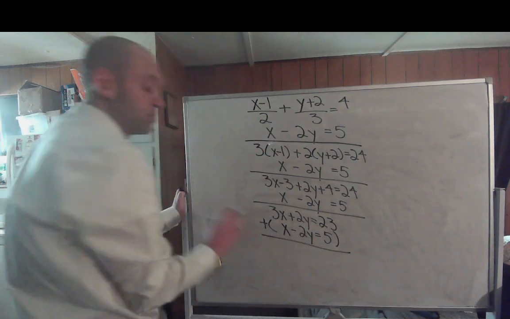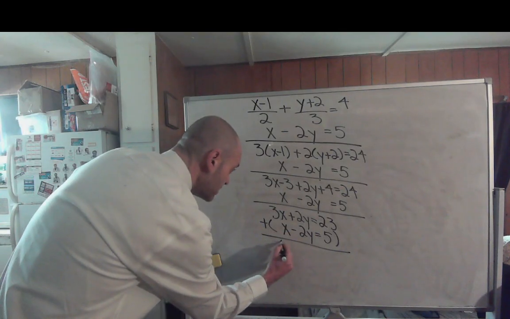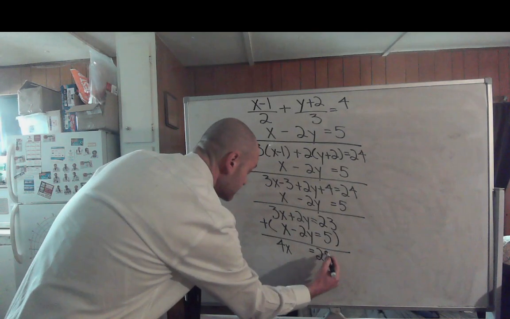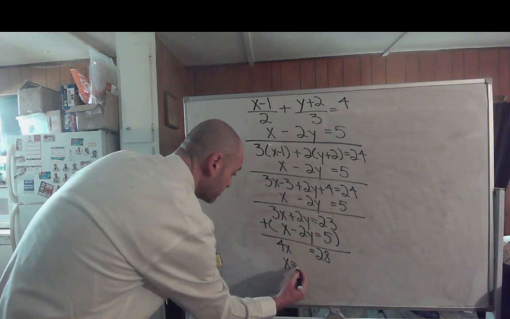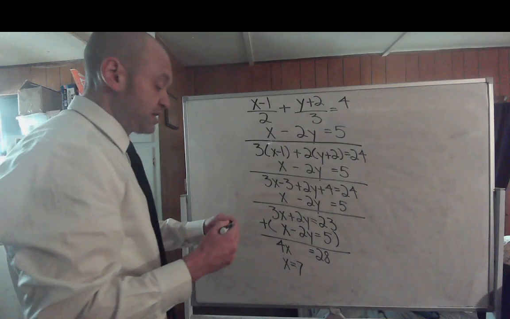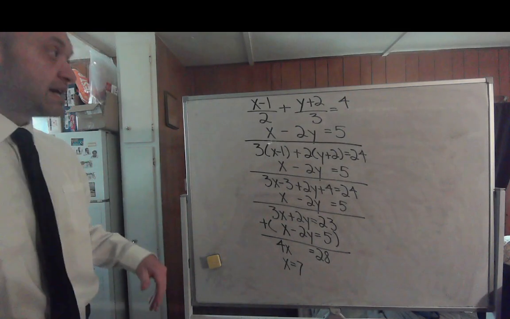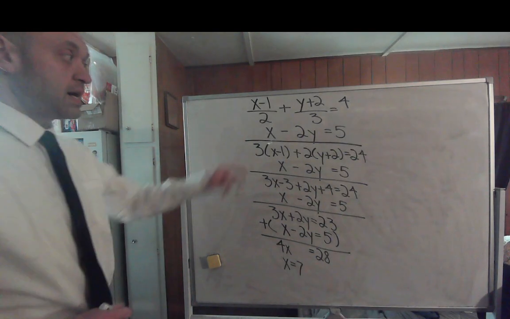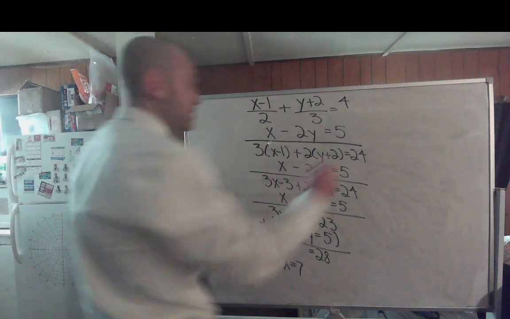2y minus 2y cancels out the y, but you'll end up with 4x equals 28, which would have to mean that x equals 7. So we found the value of x. Now stick that value into one of these two original equations and solve for y. I'll pick the bottom one again.